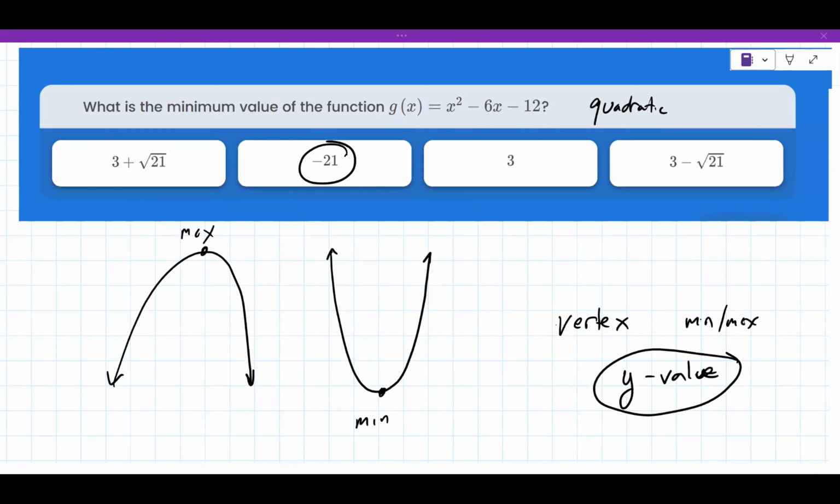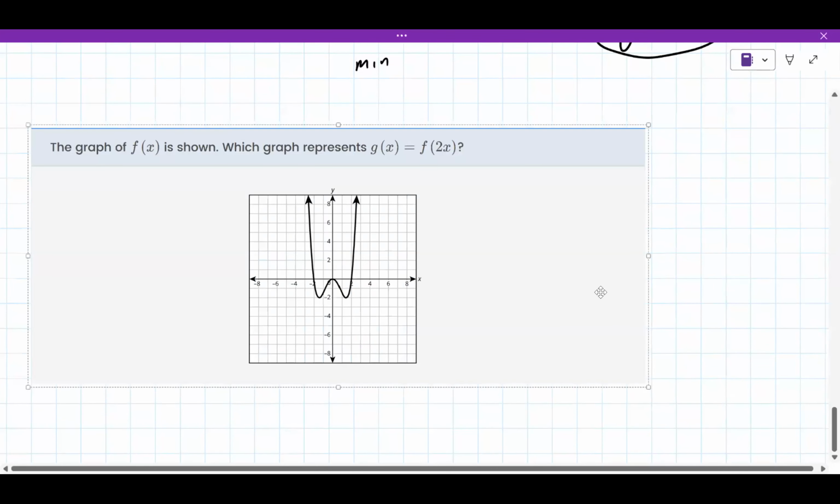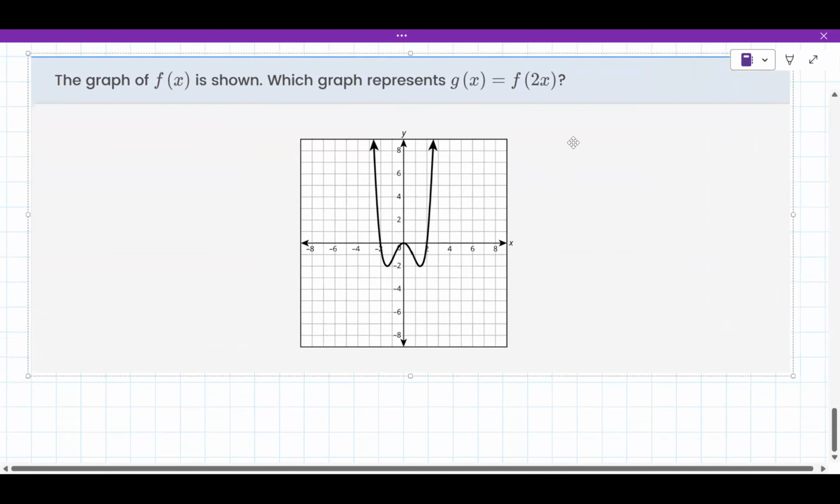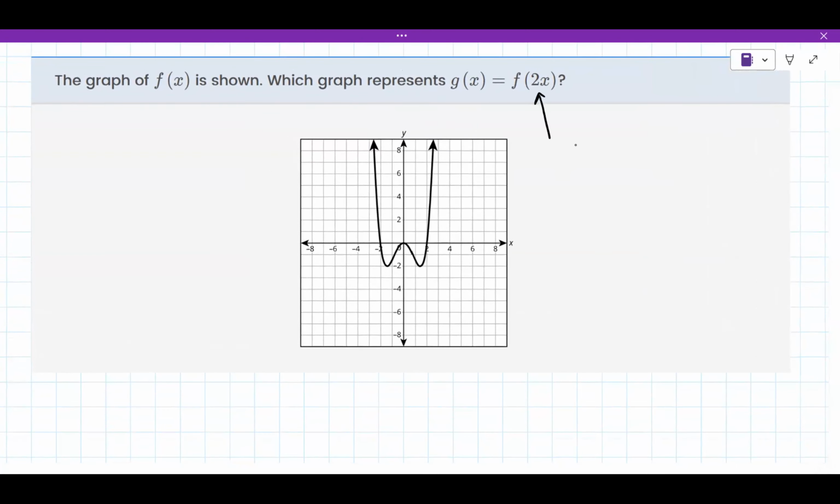Right. So a new problem here. This one we didn't cover really any of this, at least in the parts of the class here. But that's okay. So f of 2x is a transformation. It's hard to explain this one because it's a horizontal transformation.